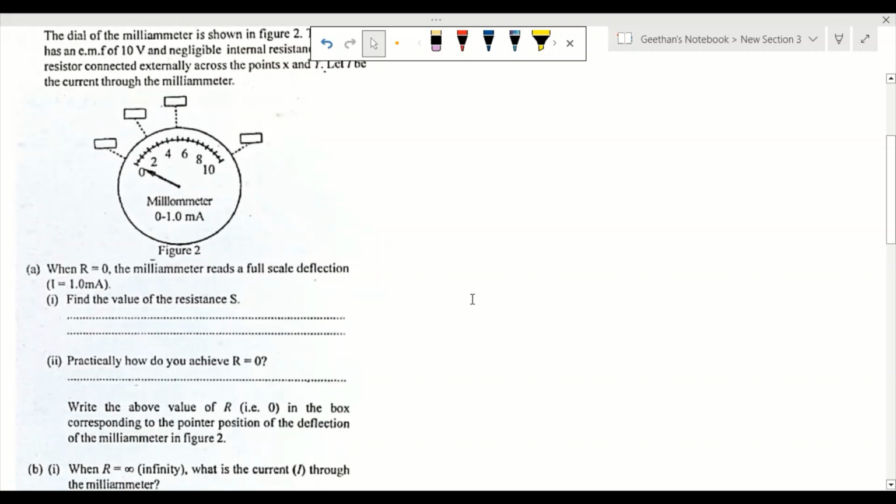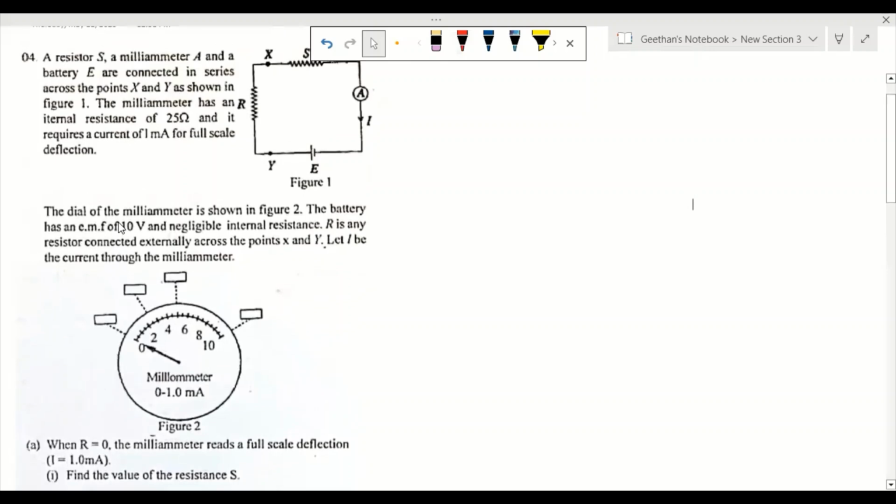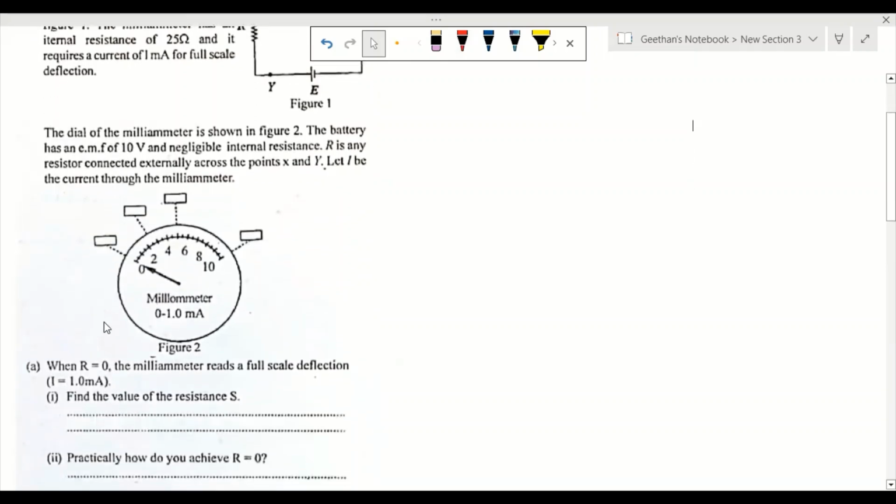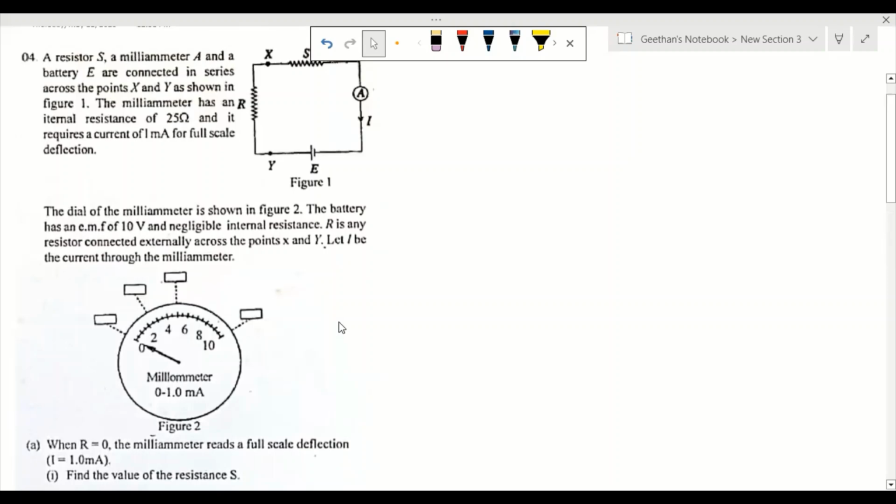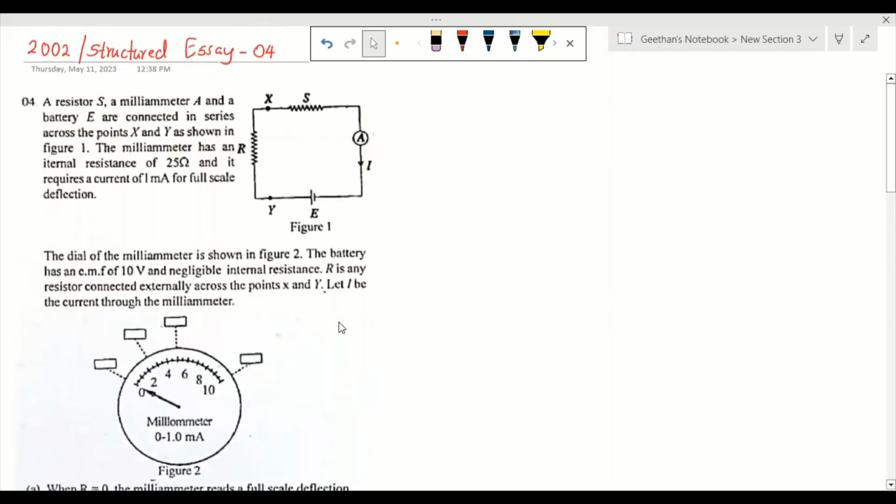First they're asking, when R is 0, the milliammeter reads a full scale deflection of 1 milliampere. Find the value of resistance S.